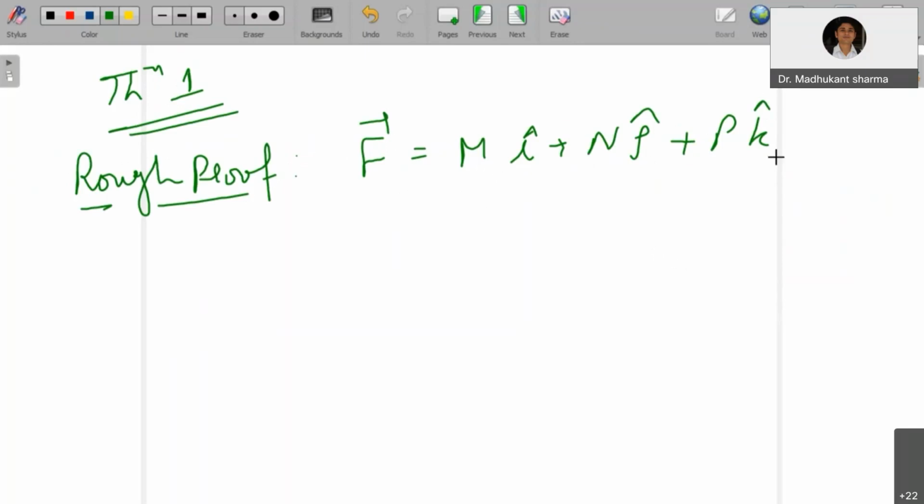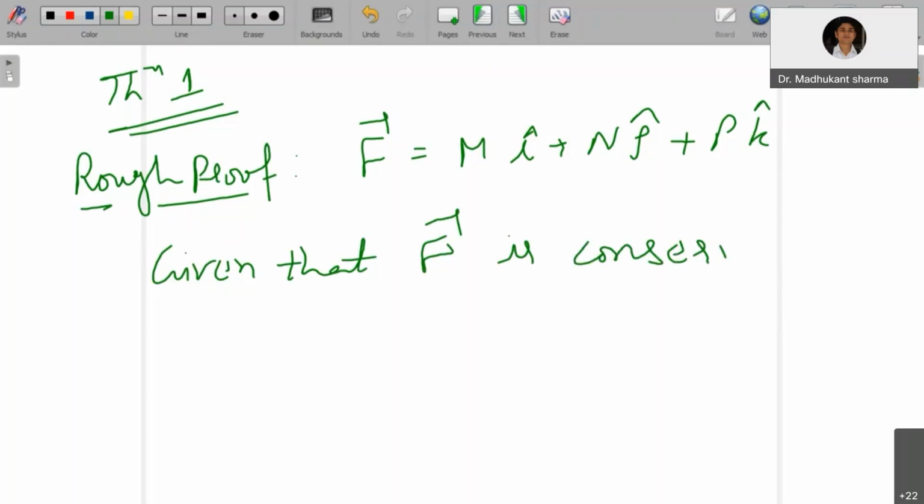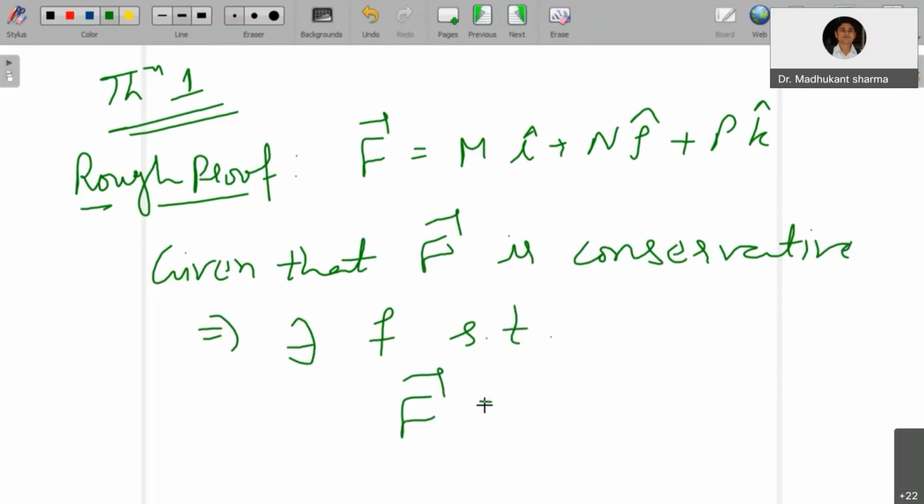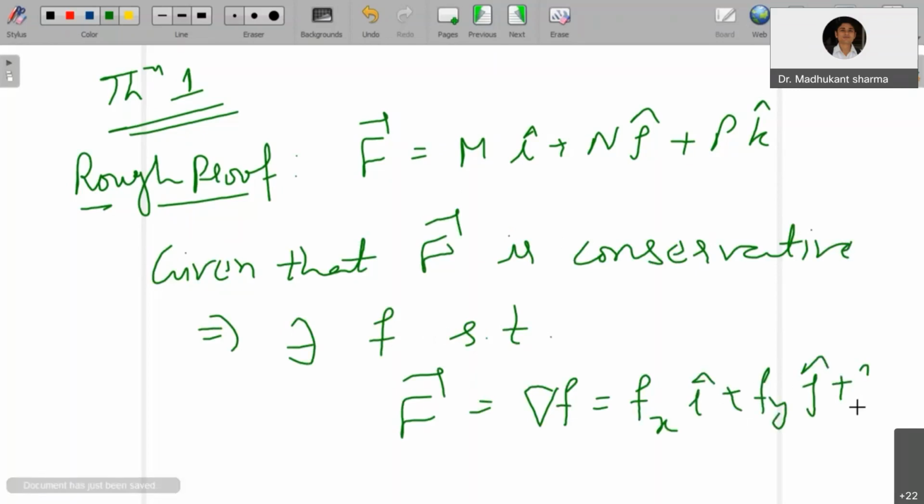M, N and P are functions of x, y, z, and given that F is conservative, this implies there exists a scalar valued function f such that capital F equals grad f, and that equals f_x i plus f_y j plus f_z k. Both have to be the same.